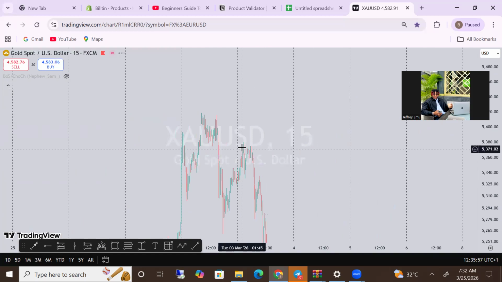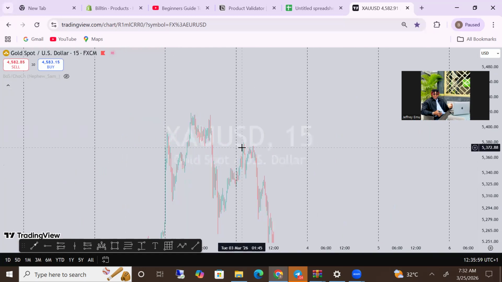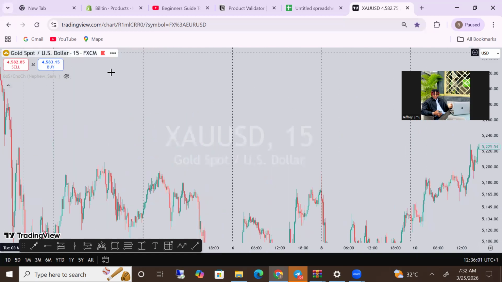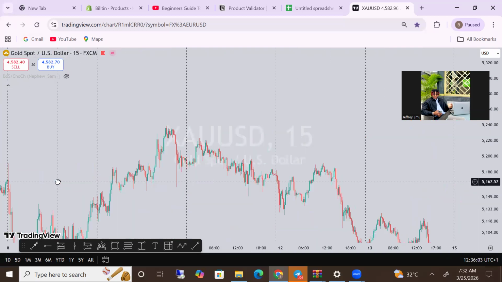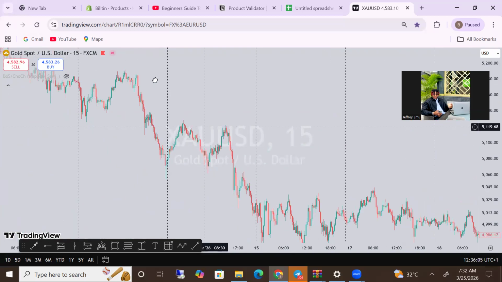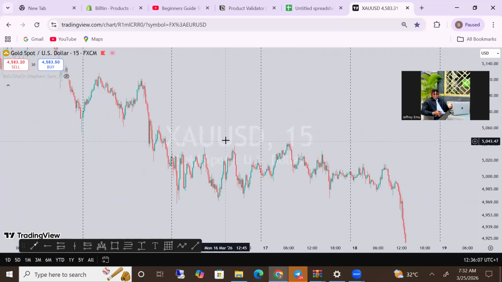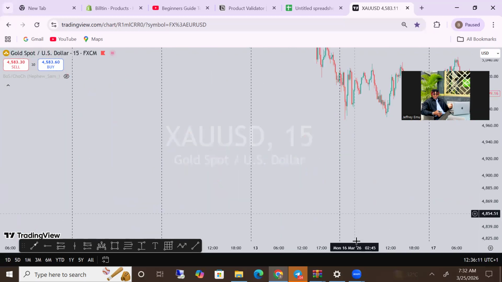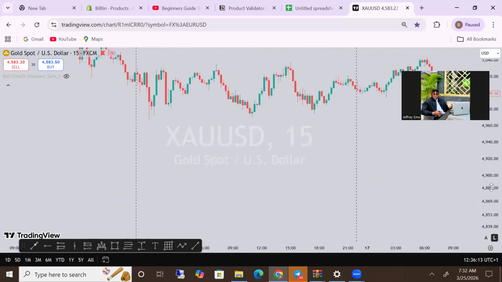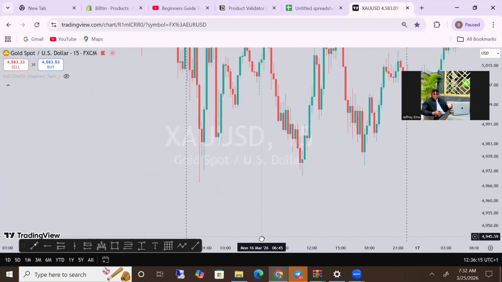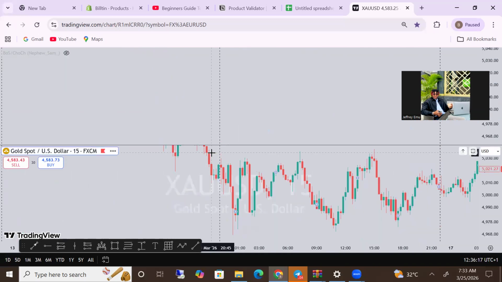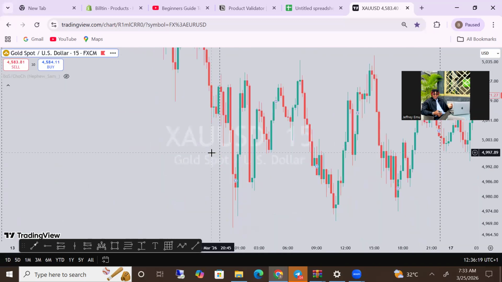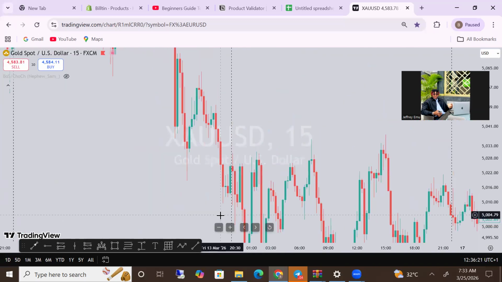So where did the price start from in that momentum? Let's look for something similar. Okay, I think I'll use here. So see, this is price already selling initially.